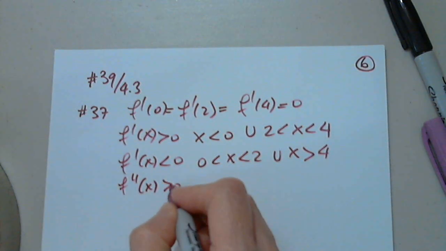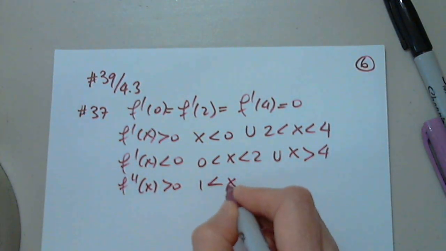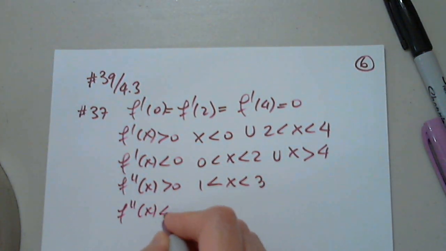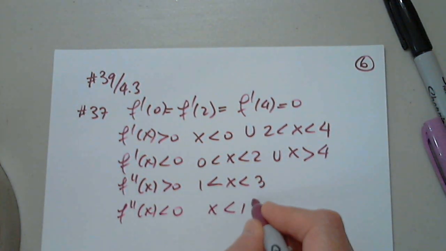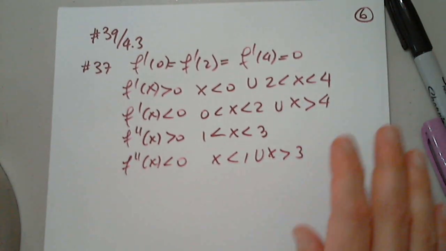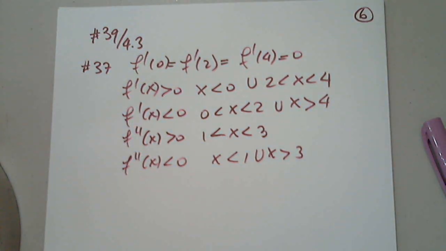Second derivative positive for x between 1 and 3. Second derivative negative for x less than 1 union x greater than 3. Okay. As you see, it takes us longer to copy this than to solve the problem or come up with an example. Okay, so let me see.